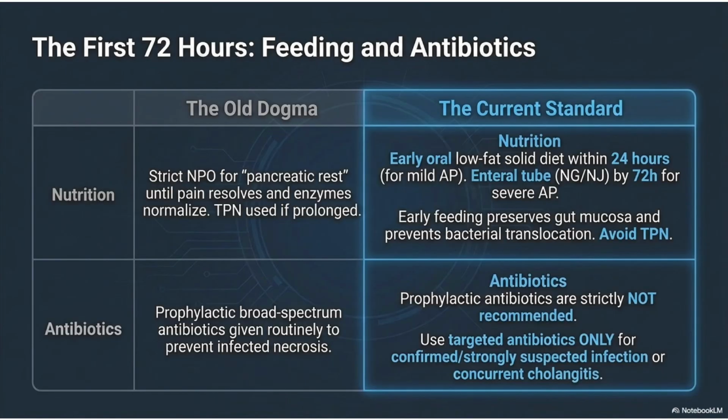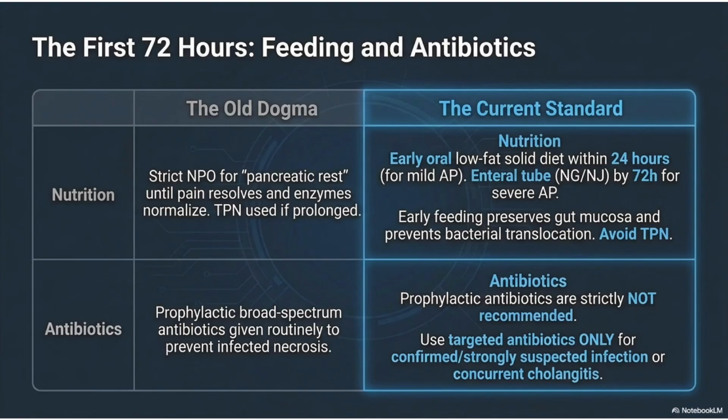Also, along with conservative fluid management, the nutritional guidelines these days say that it is recommended that an acute pancreatitis patient gets early enteral feeding. So if you have a mild acute pancreatitis case, you can start oral feeding with a low fat diet within 24 hours. And if your patients are sicker, then they can get an enteral tube like NG or NJ tube.